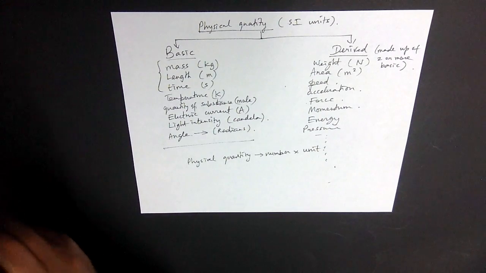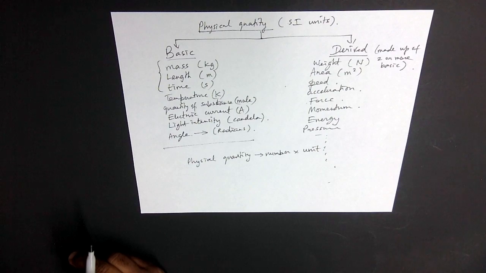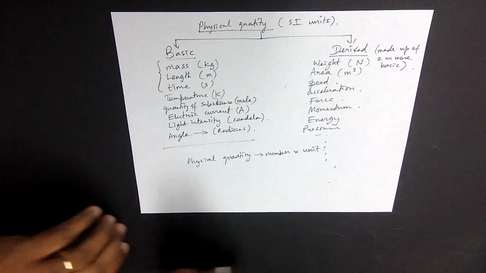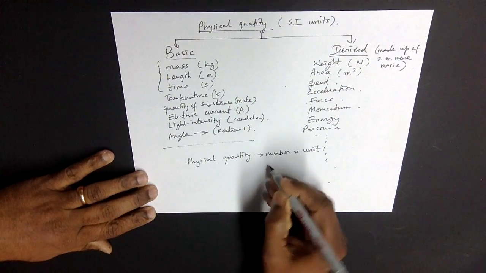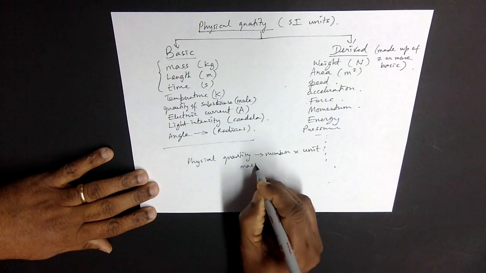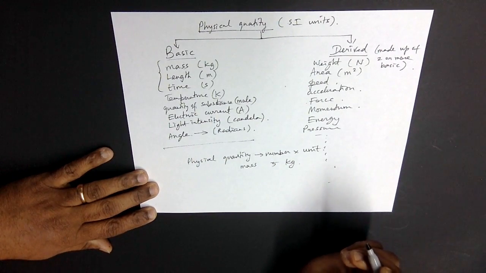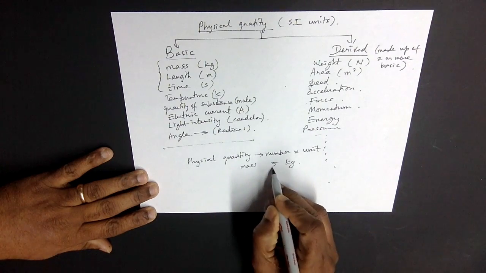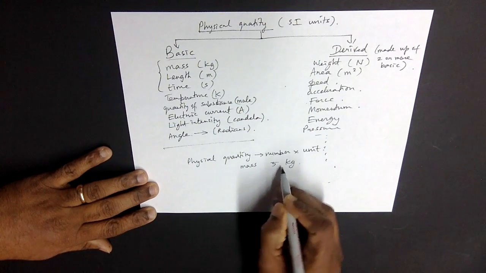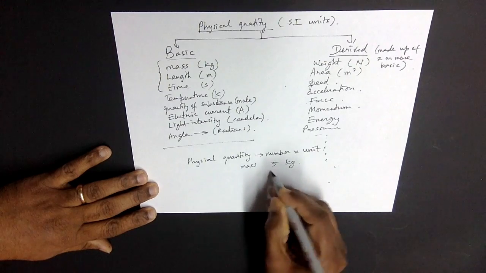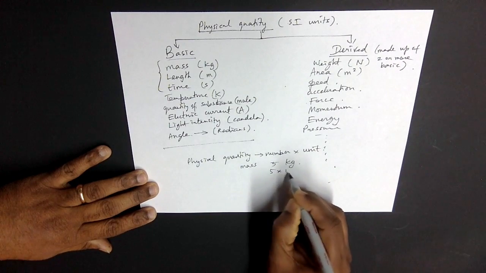It's a multiplication product of number and a unit. For example, if I say the mass of something is 5 kilograms, then it actually is 5 times a kilogram. So this means it's 5 times 1 kilogram.